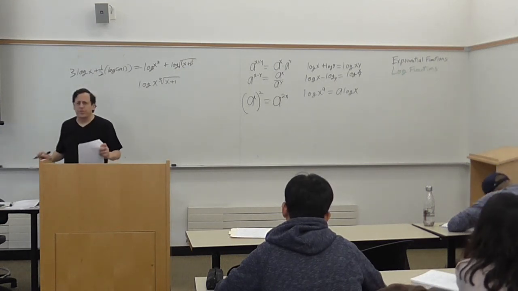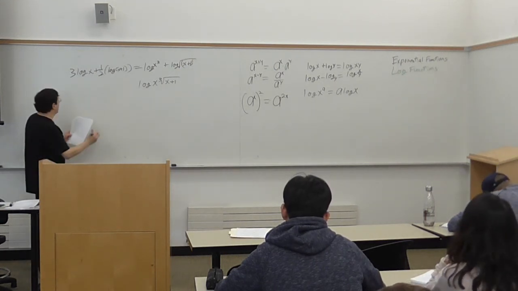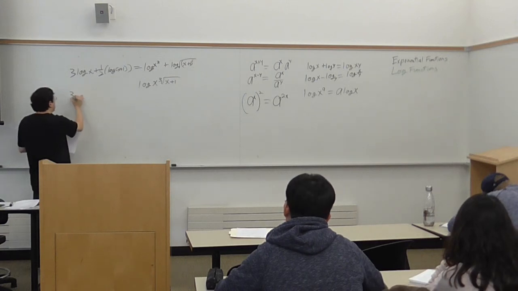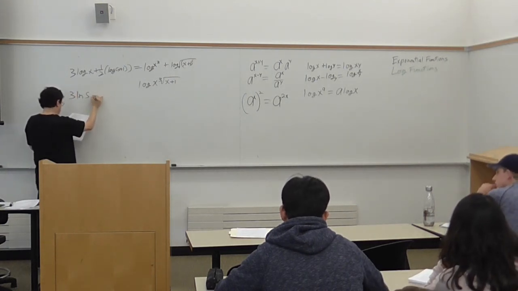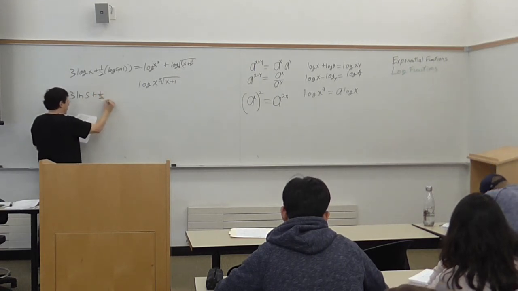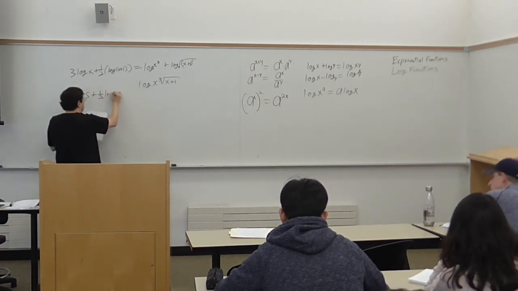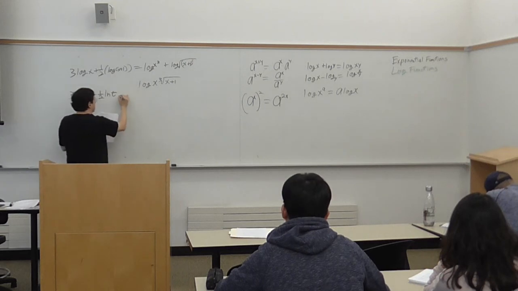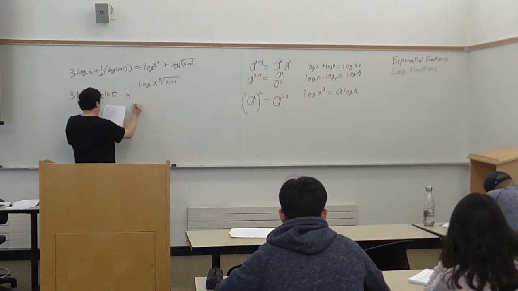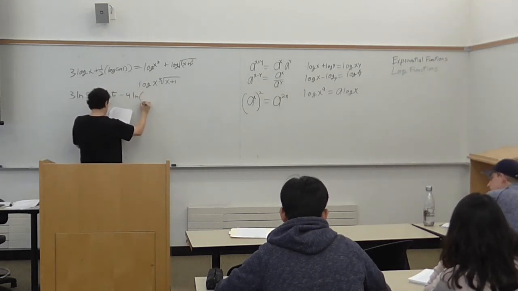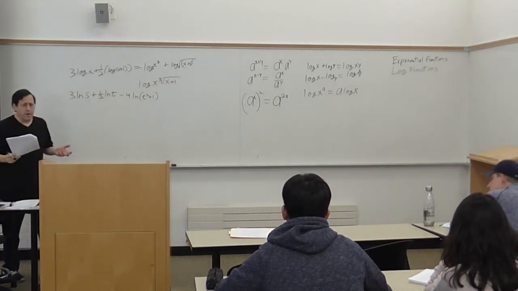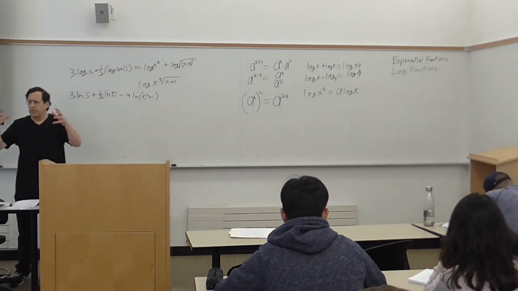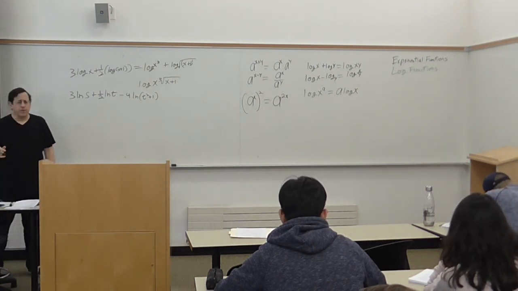Take a look at one more of these. 3 natural log of s plus 1/2 natural log of t minus 4 times the natural log of t squared plus 1. So again, I want to combine that. I want to get everything so there's just one log function.